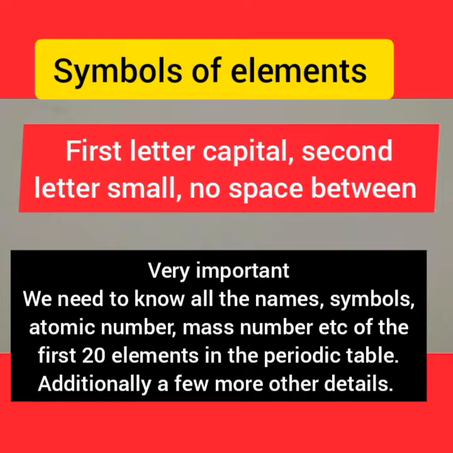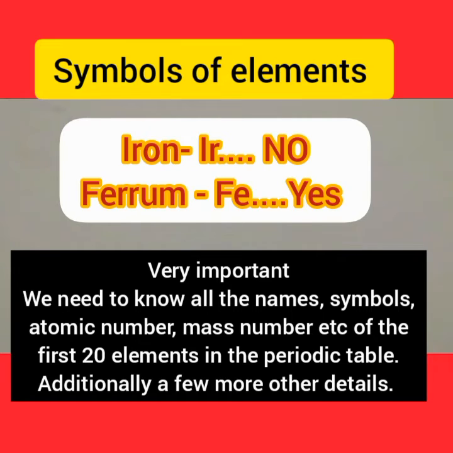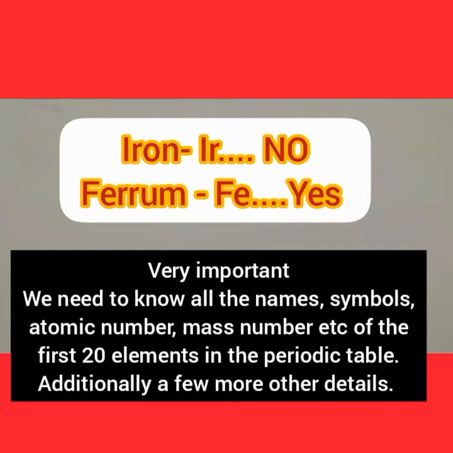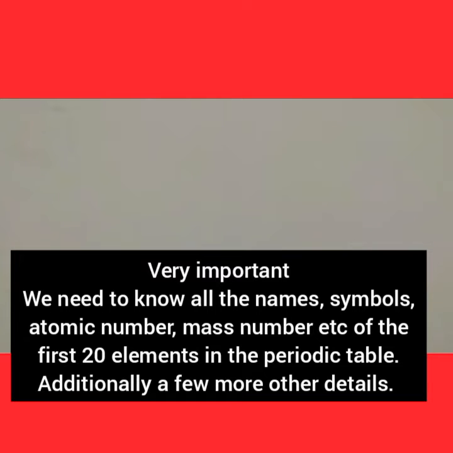But it is Fe. Why? Because the Latin name is ferrum. That is the reason. There are many like that. We don't want to think more over that. Just study the symbols, and we should know which symbol represents which element.